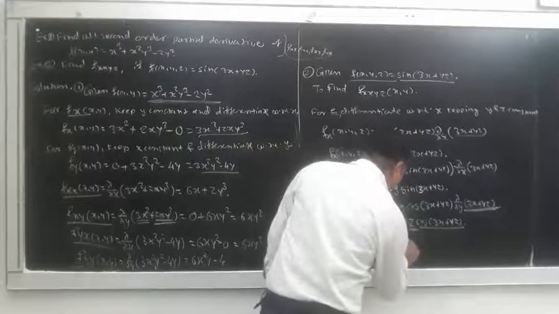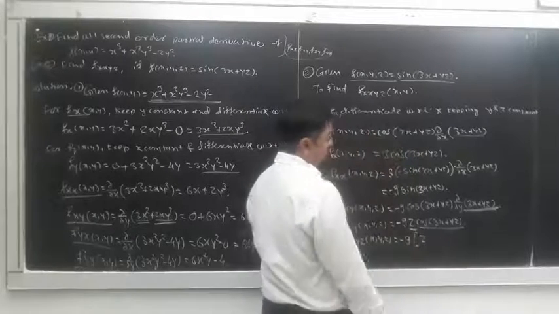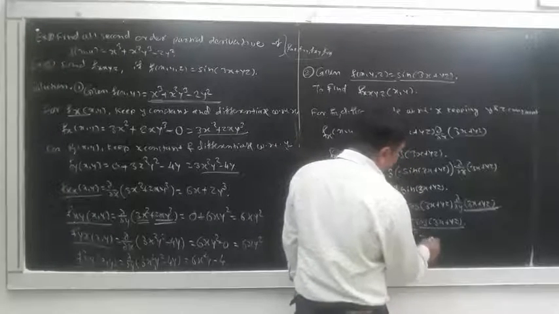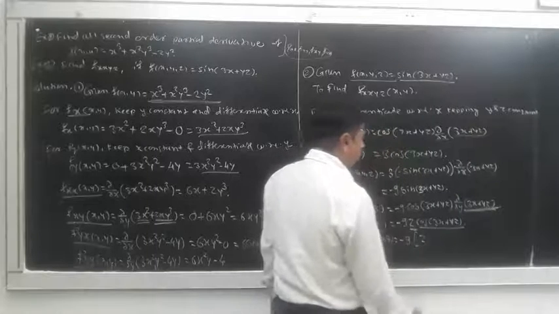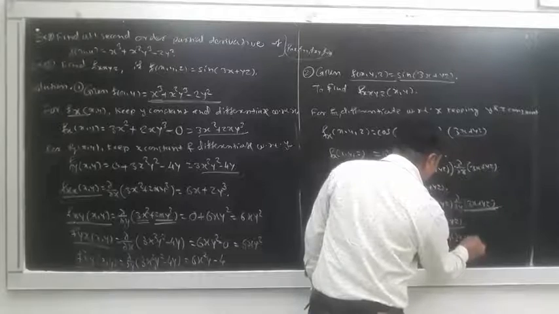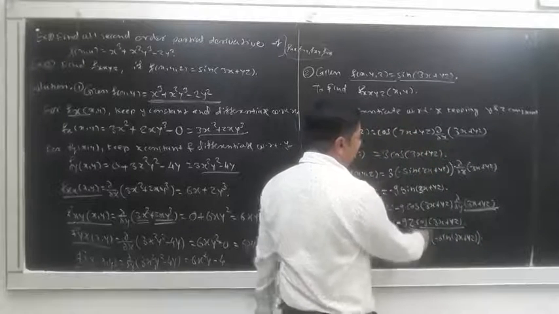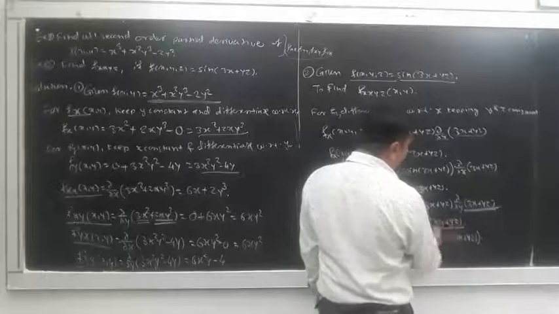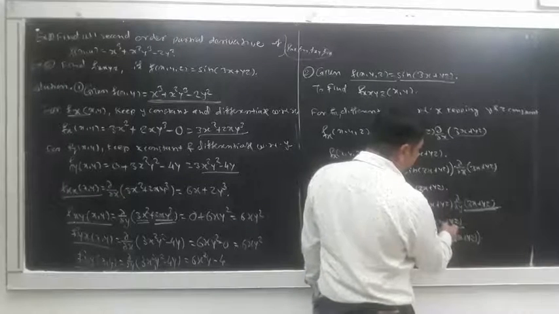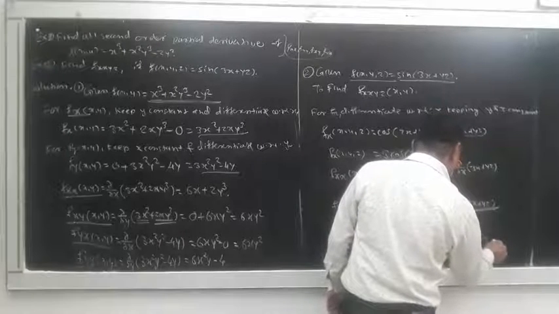So we differentiate: keep the first function as it is, and the derivative of cos of (3x plus yz) is again minus sine of (3x plus yz), into d/dz of (3x plus yz), which is what? The derivative of 3x is 0, the derivative of yz is only y.